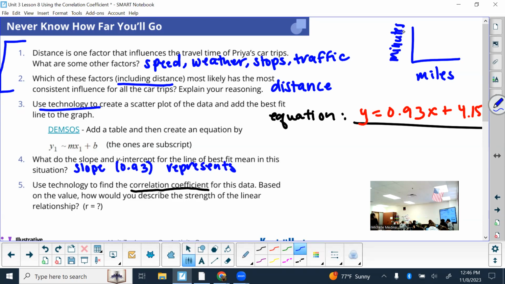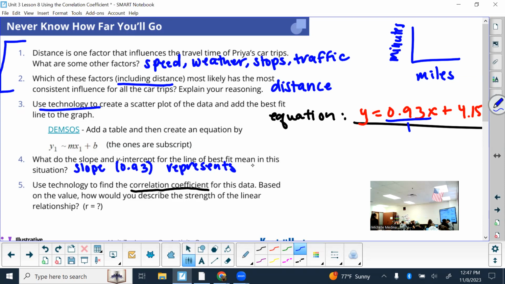All right, so that's a clean graph. So remember, slope is rise over run. So technically, my slope is 0.93 over 1. Rise would be your y-axis, and then run would be your x-axis. So it's 0.93 over 1. So what does that mean in the situation, Riley?